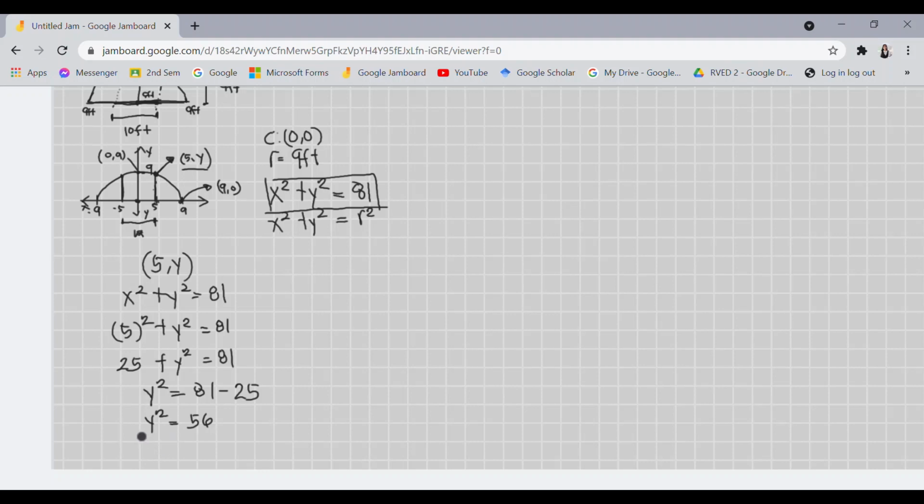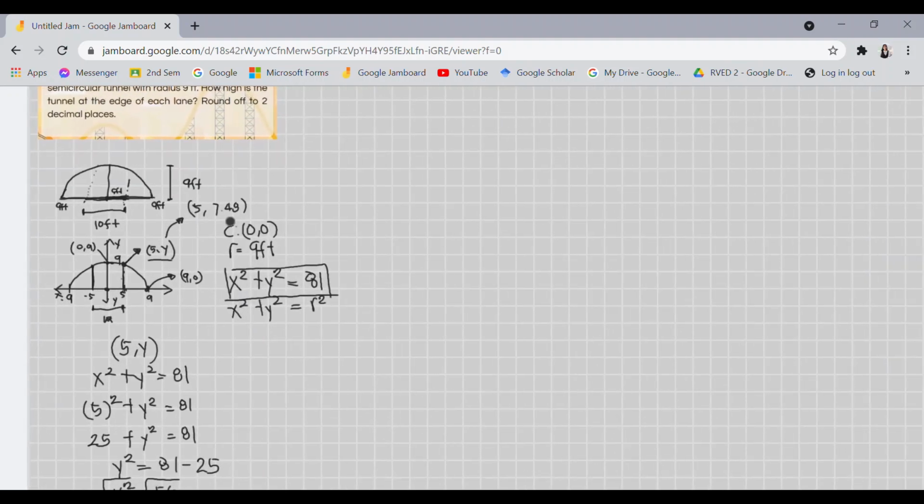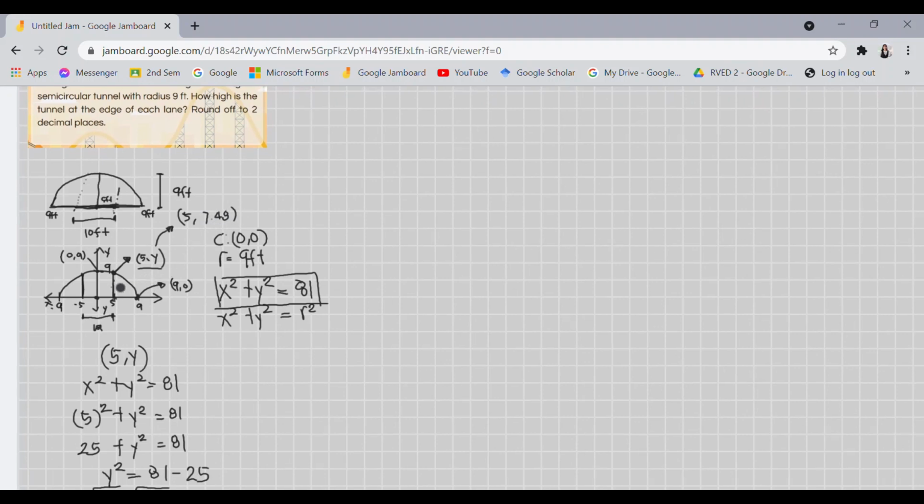So, take the square root of y squared, take the square root of 56. Your y now is equal to 7.48. Okay? So, meaning, this y represents the unknown in this point. So, we have here 5, 7.48. Okay? So, to answer the problem, we now have the certain height at the edge of the lane.